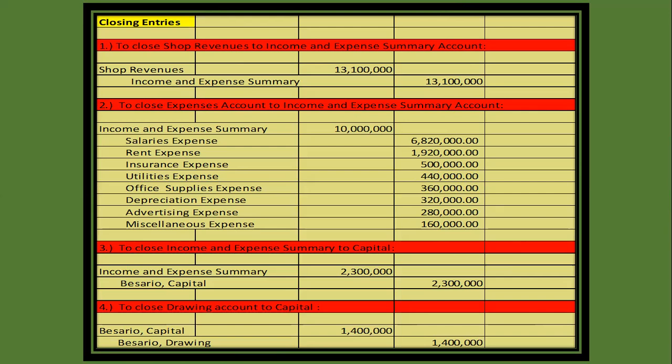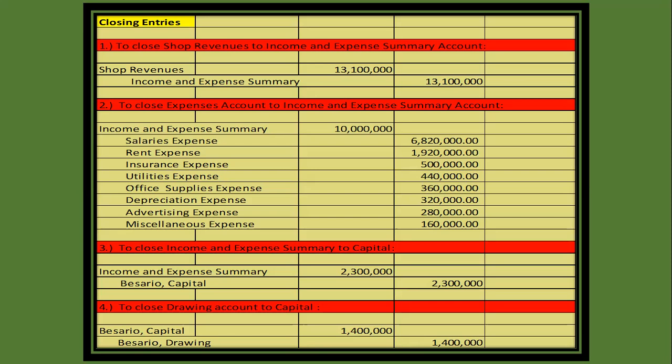Then after that, we close all our expenses accounts to income and expense summary still. We debit income and expense summary a total of 10,800,000. Sorry for the error. And then we credit salaries expense 6,820,000. Just refer to the total in your income statement, please.